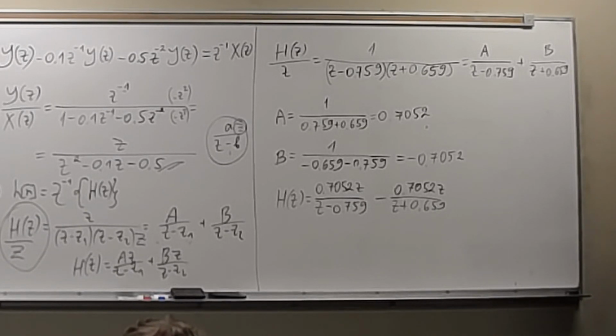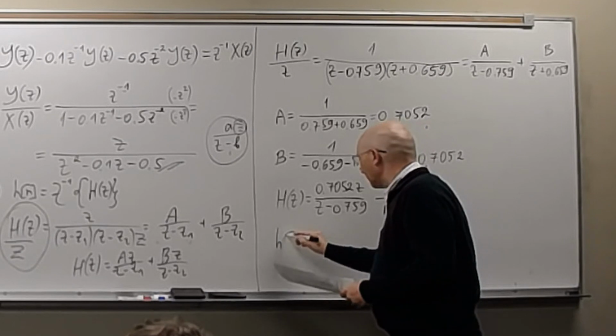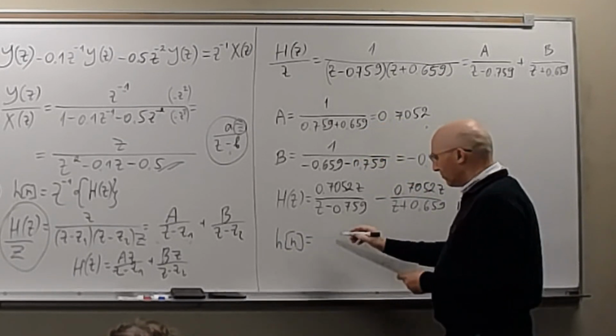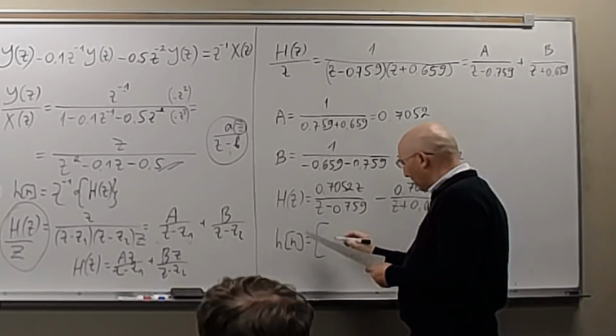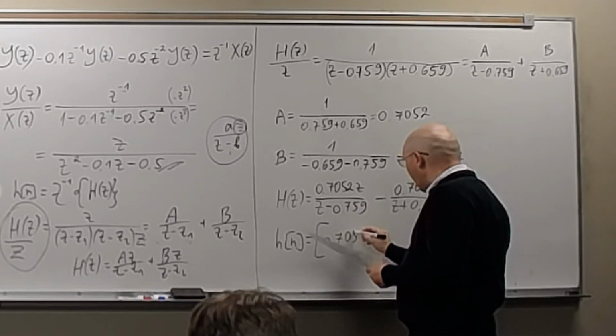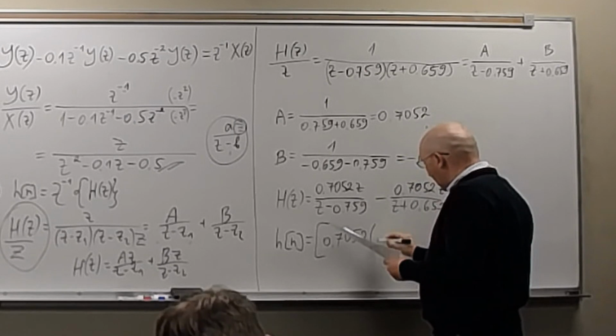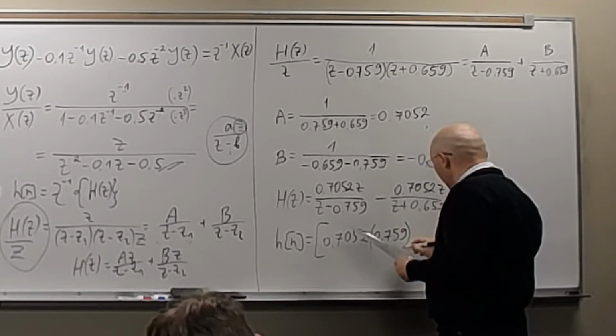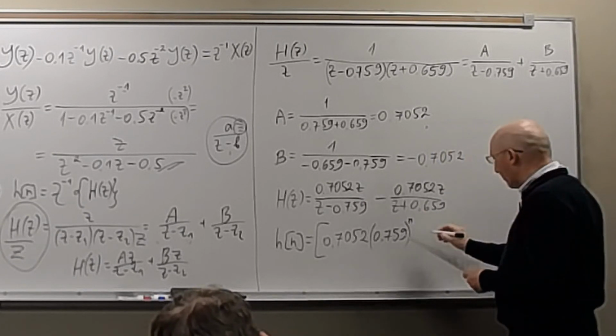And now the last step, to convert it back into time domain. H of n will be 0.7052 times 0.759 to the power of n. This is from the table.